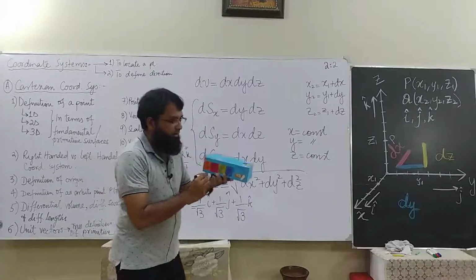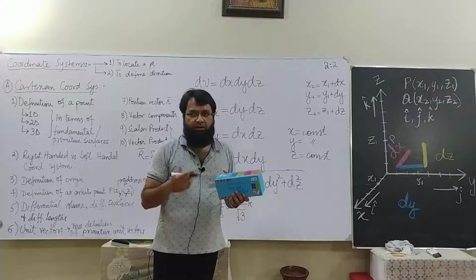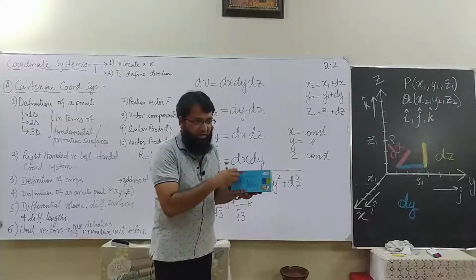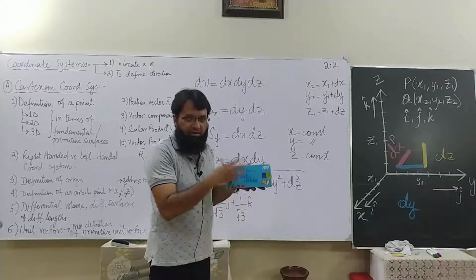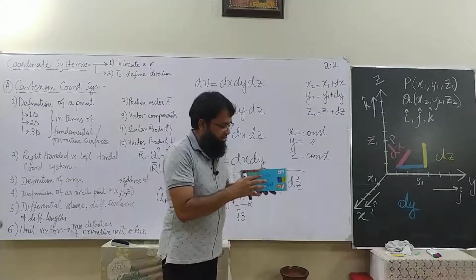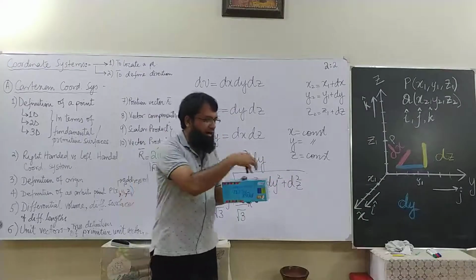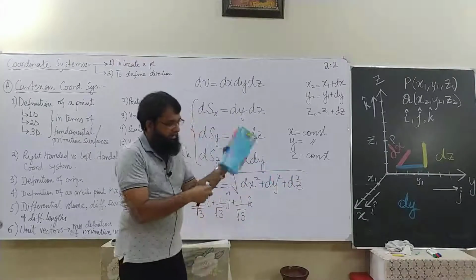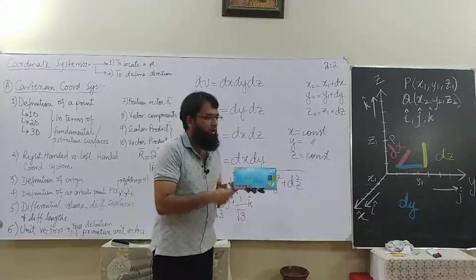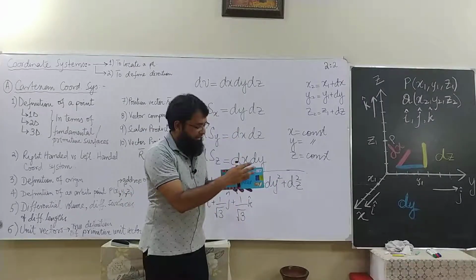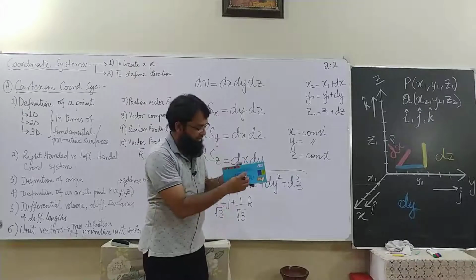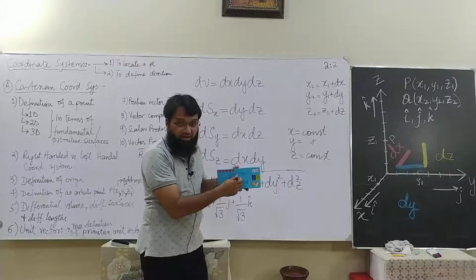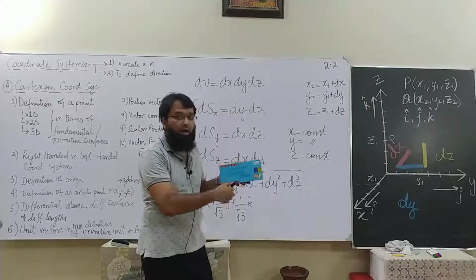It's a convention in vector analysis that we associate a direction to the surfaces. Associating direction to volume does not make any sense, but to surfaces it does, and the convention is that the direction of a surface is always perpendicular to that surface and always pointing out of the volume.